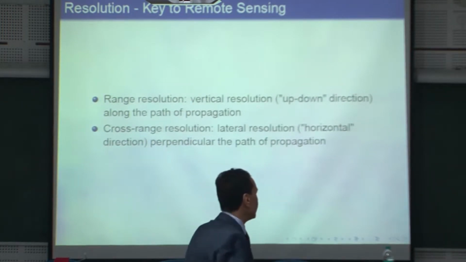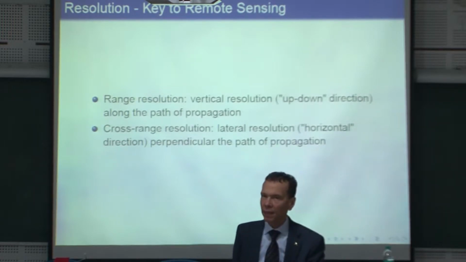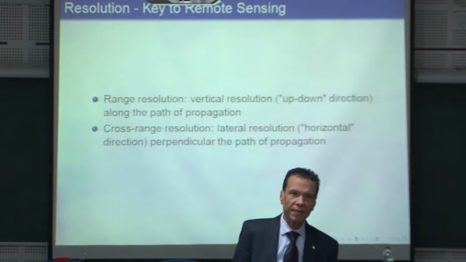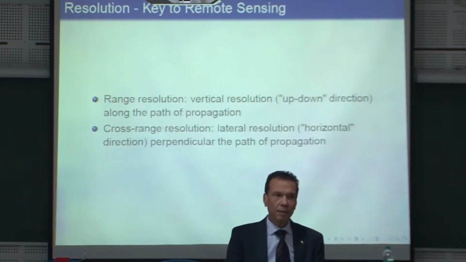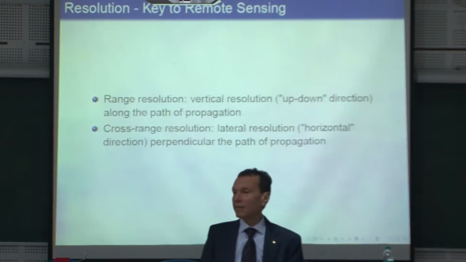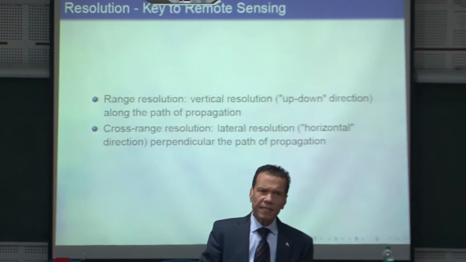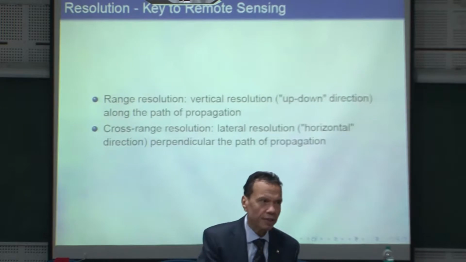Usually, if you send a signal through the wall or through the ground, you first get a very strong reflection due to the air-ground interface or air-wall interface. Say 90% or 80%, a very strong reflection. The penetration itself takes place, and it collects information and comes back.